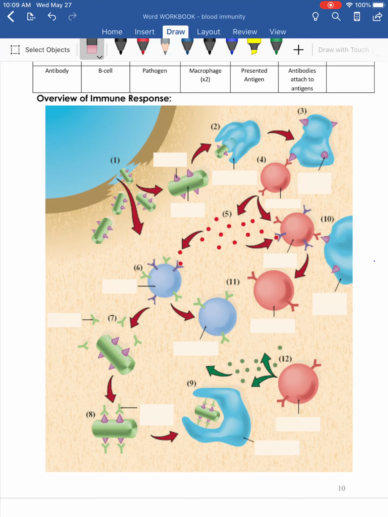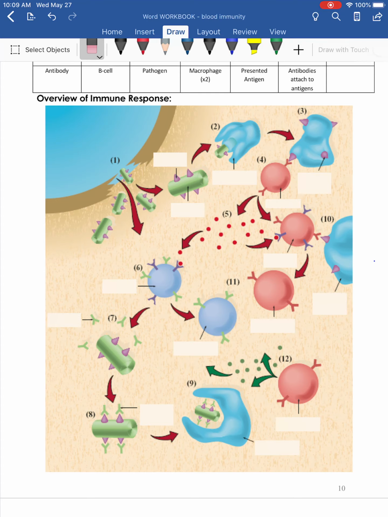So again, it's another defense mechanism, but if the body gets too hot, then we know that can be denaturing to our enzymes and very dangerous. All right, so the second line of defense involves phagocytosis, inflammation, and fever as a way to defend our body. Then that leads us into the third line of defense.